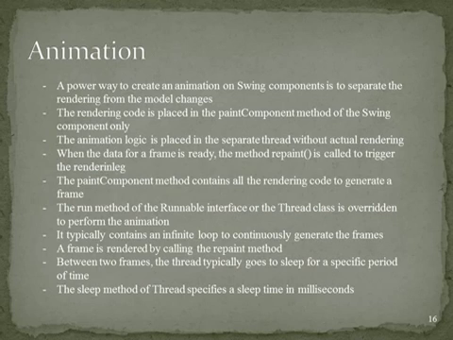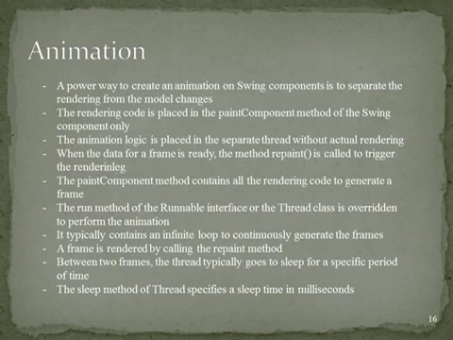So a proper way to create animation on a Swing component is to separate rendering from the model change. The rendering code is placed in the paintComponent method of the Swing component. The animation logic is placed in a separate thread without actual rendering.